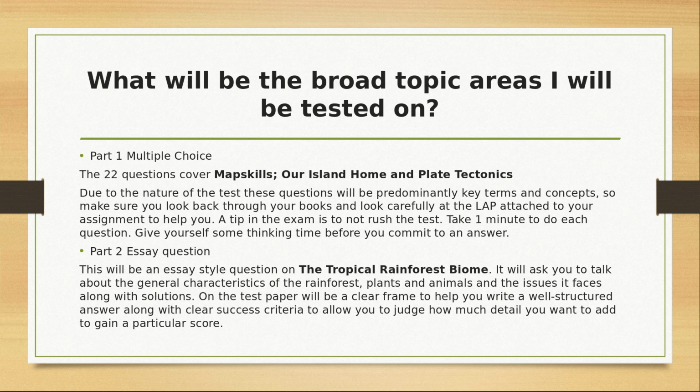Once again, on the exam paper there will be a paragraph by paragraph frame to give you good structure and also clear success criteria with percentage ranges at the bottom, so you can decide the level of detail you want to put in order to attain a particular score.